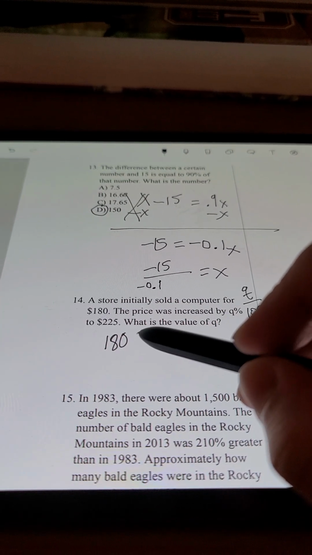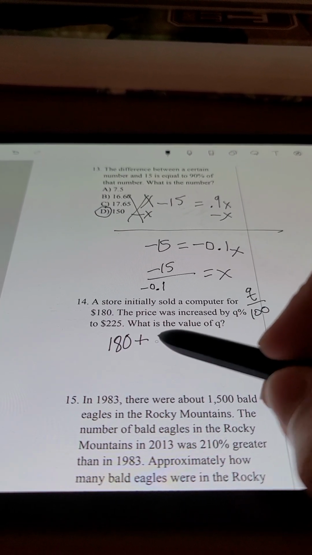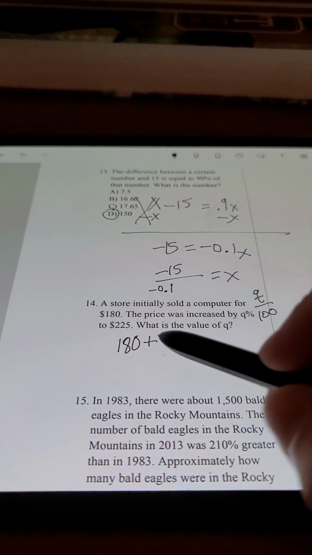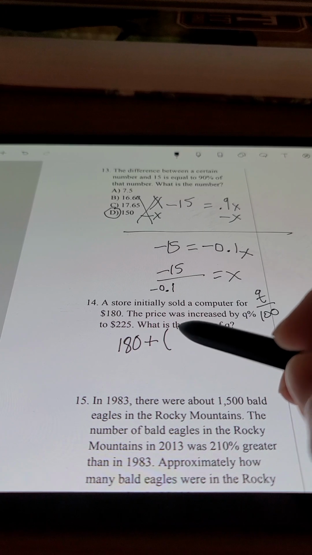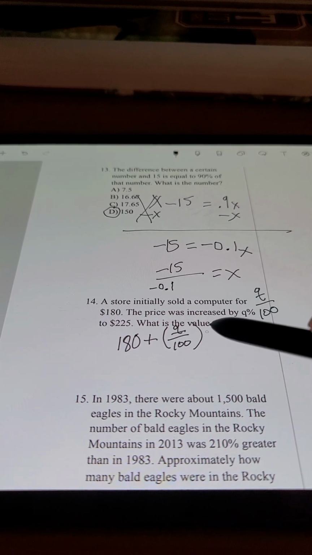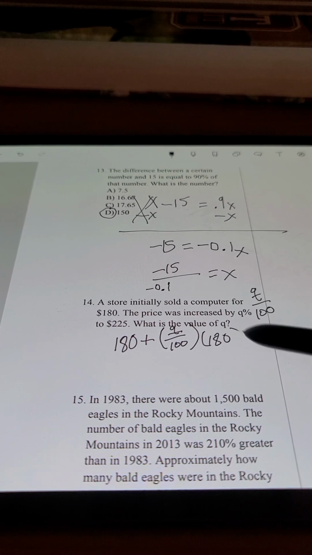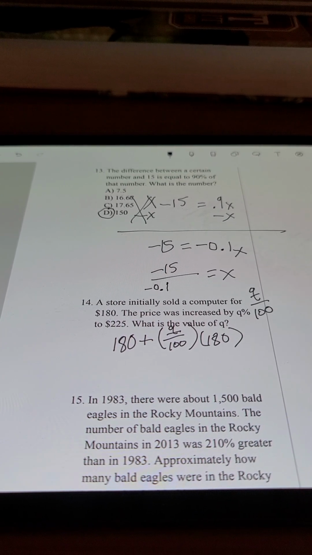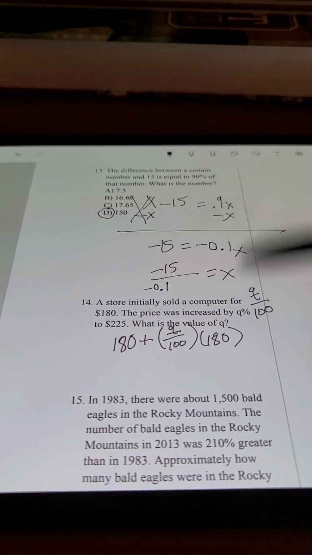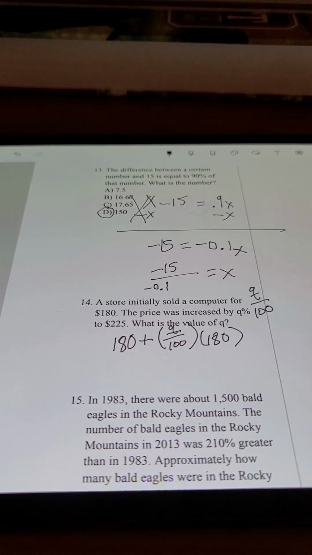So I have 180 as the original price, and then I'm going to add on Q% of 180. So I'm adding on Q over 100 times 180. We usually just do the decimal version because it's easiest to just move the decimal over by 2. But I think most people would find multiplying by the fraction easiest here.